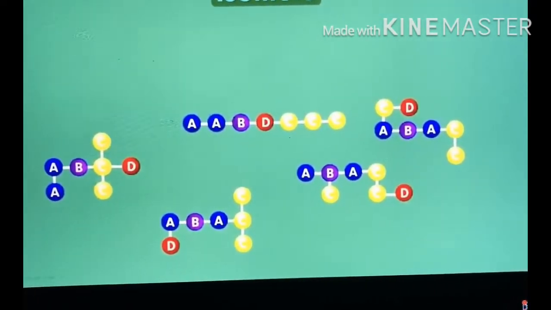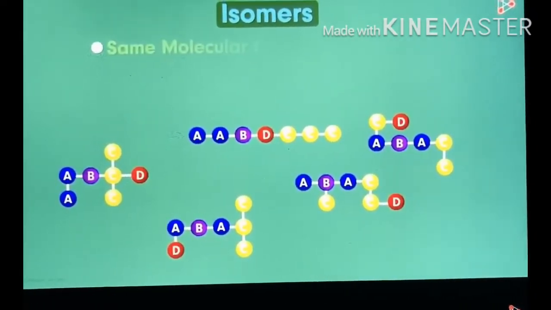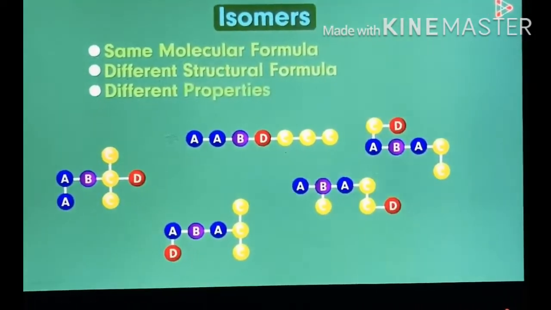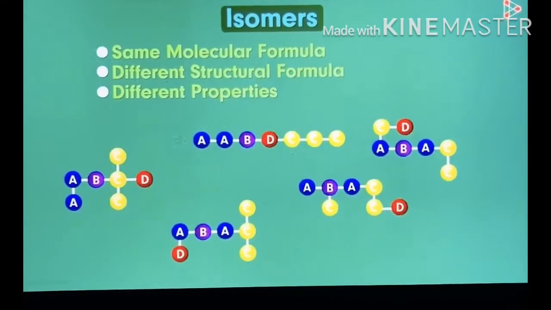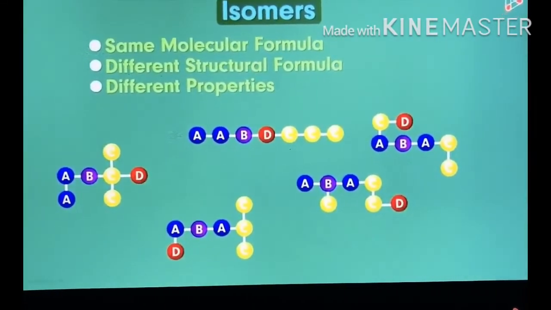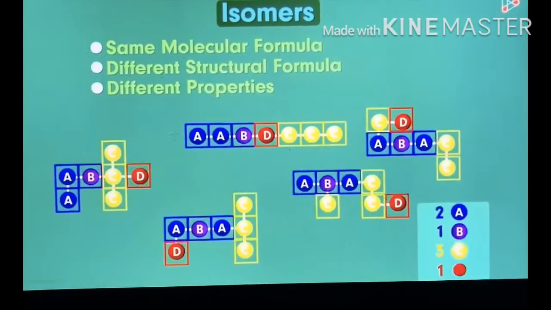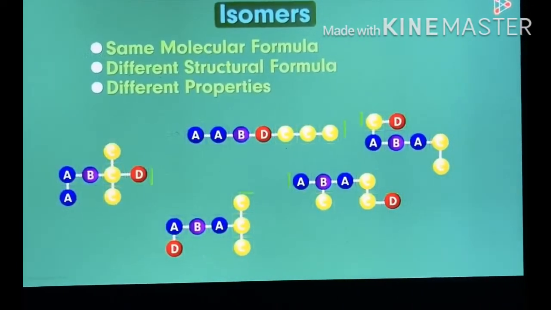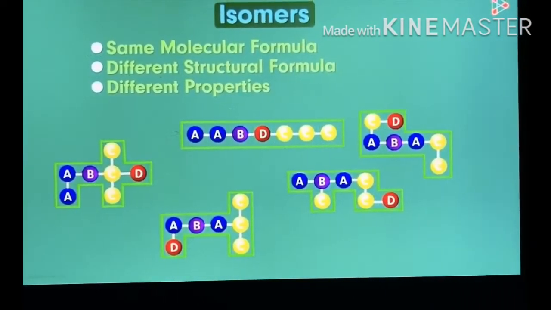How do we define isomers then? Isomers can be defined as the compounds which have the same molecular formula but different structural formula and thus different properties. That means if we take molecules of the isomers and compare them, then the number of atoms in each molecule will be the same, but their structural or spatial arrangement will be different.